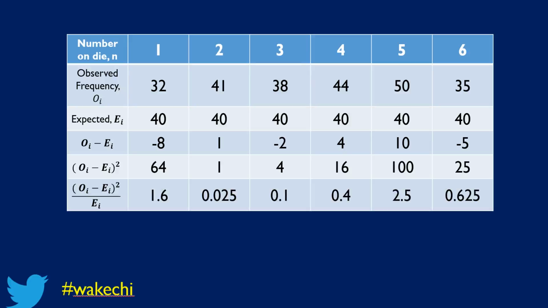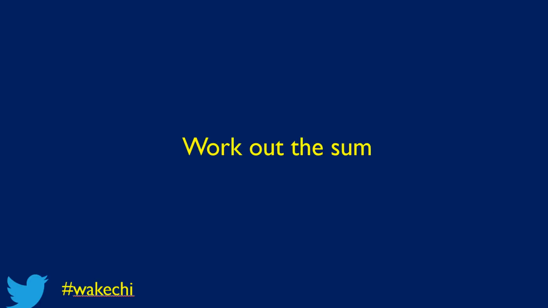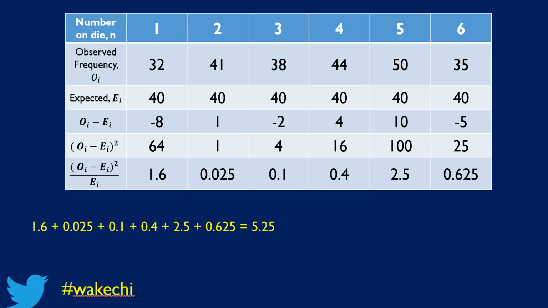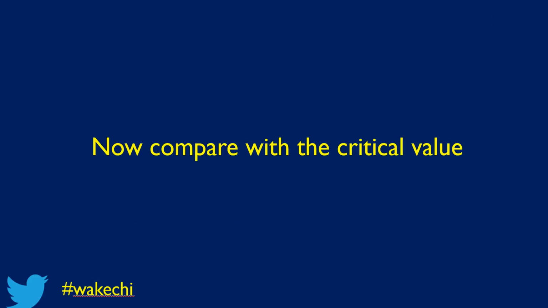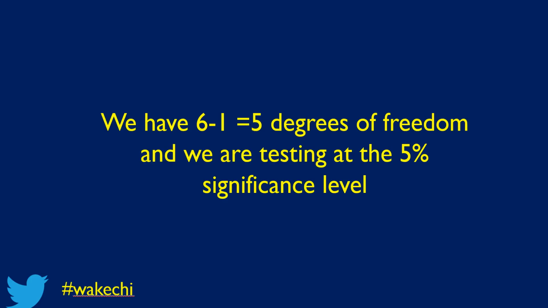Then you have to find the sum of all those values. Just add that bottom row together, and we get 5.25. So this is what we've got from our experiment. Now compare with the critical value of chi-squared. First we need to find our degrees of freedom.